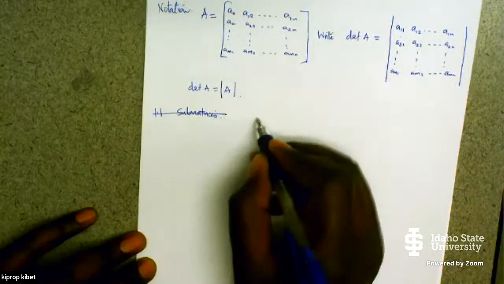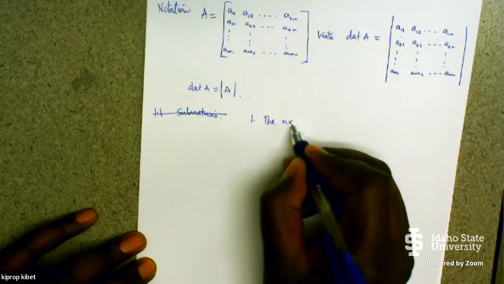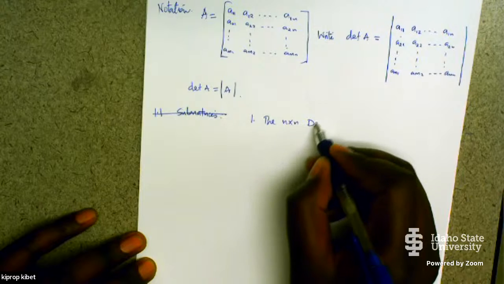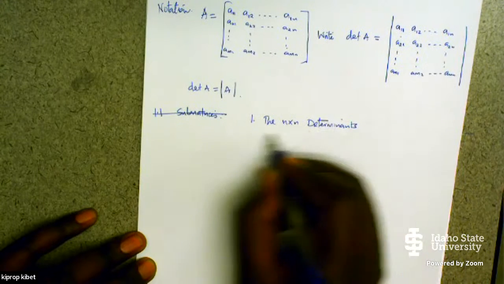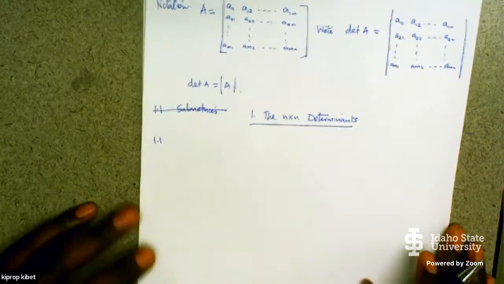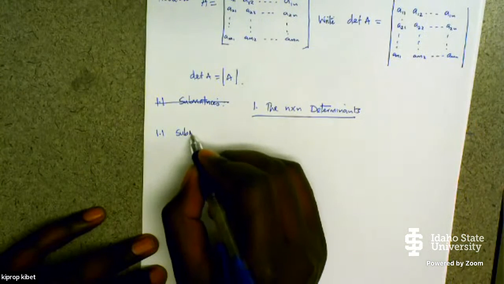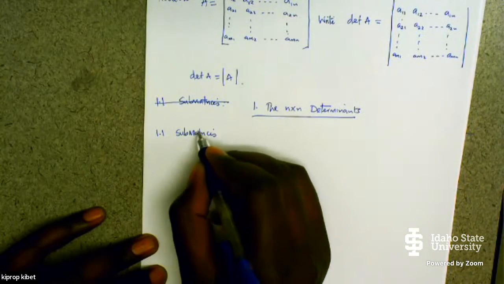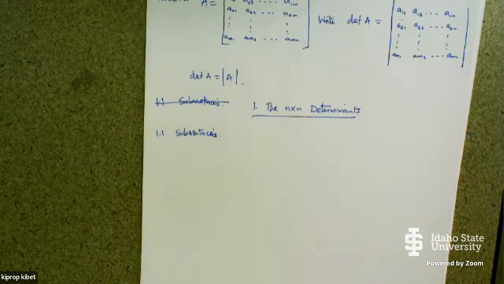So before this, let's write the n by n determinants. And let's start by 1.1, defining what submatrices are.